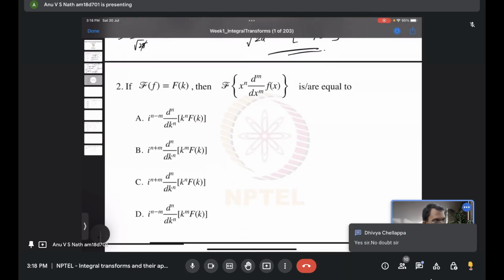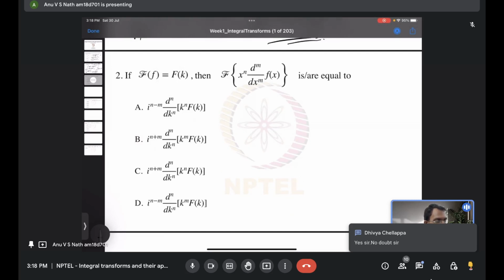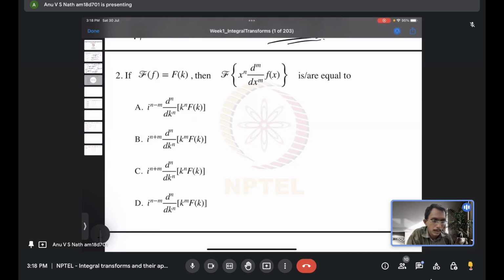Okay, so now we are given an expression like this. This particular form of f is what I am using to denote the Fourier transform. The question says that the Fourier transform of the function f is given by capital F of k.